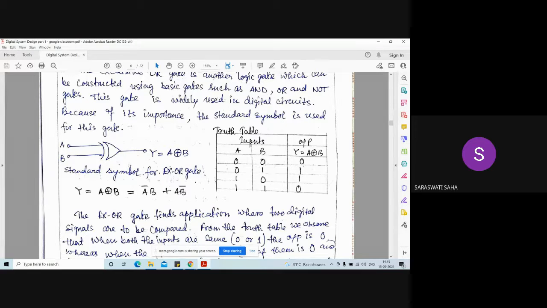Then 1 dot 0 means 1 and 0, so it will be 0. So finally, here it is 1 plus here it is 0. So 1 plus 0 gives us 1. So when this condition comes, the output will be 1. So this is the output expression. You should remember it for the two input XOR gate. It is A naught B plus A B naught. Clear?